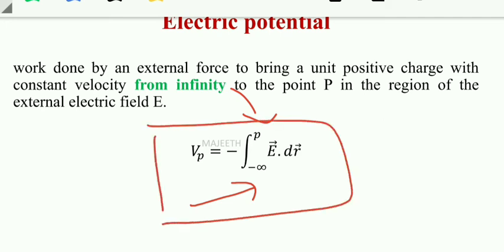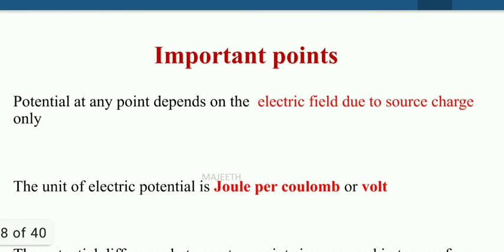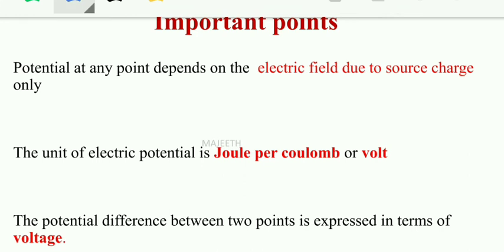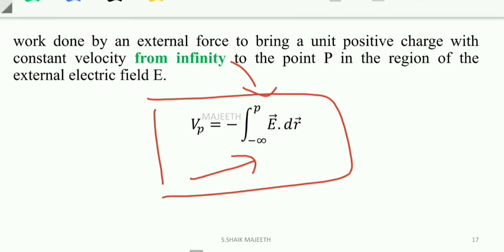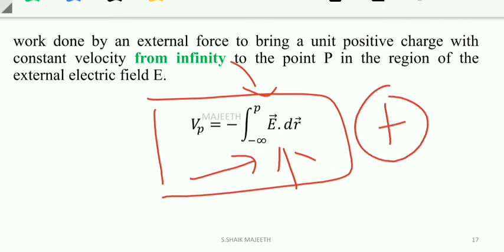Next, we have to remember some important points. The potential at any point depends upon the electric field due to the source charge only. Very important. Why? You see the equation we derived: V is equal to minus E dot dr. Who is creating the electric field? We studied that only the capital Q will create the electric field, and we are moving a small charge q against this electric field. So potential depends purely on the electric field due to the source charge, capital Q. It does not depend at all on the electric field generated by the test charge.